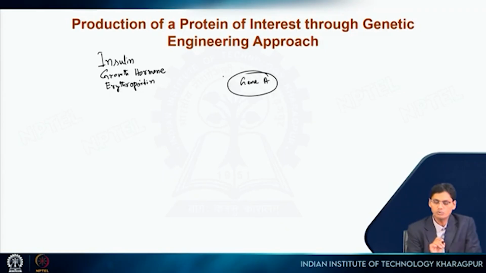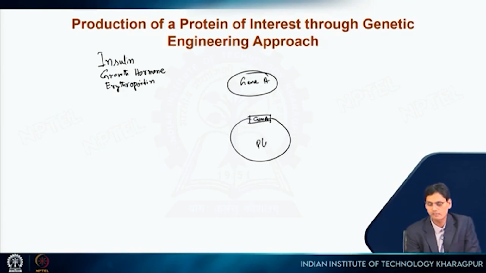Now the thing is, when you are cloning this gene A inside this plasmid, there are different types of plasmid.